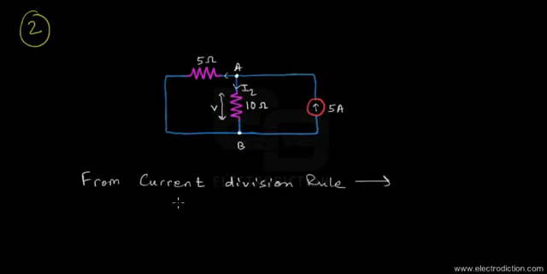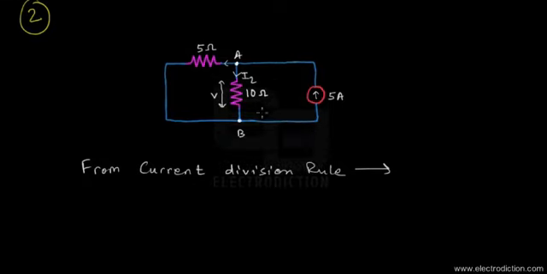So from the current division rule, let's pull the page down a bit. Okay, that's better. We can write down I2 is equal to the total current being supplied into both arms of the parallel resistances that we can see over here.